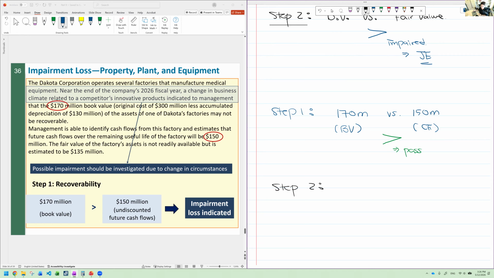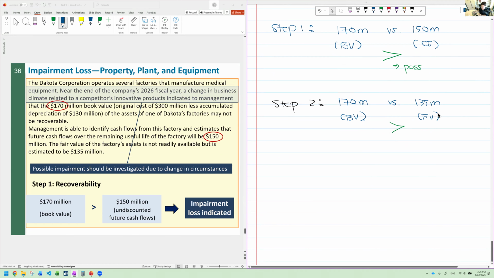In step two, we continue to use the book value, $170 million. Now, what is the fair value of this asset? The fair value of the factory's assets is estimated to be $135 million. As you can see, the book value remains greater than the fair value.